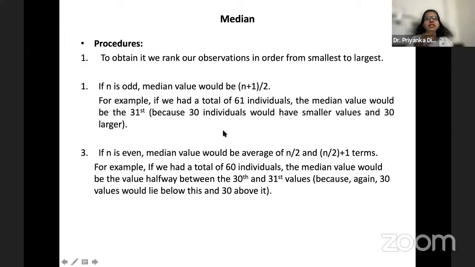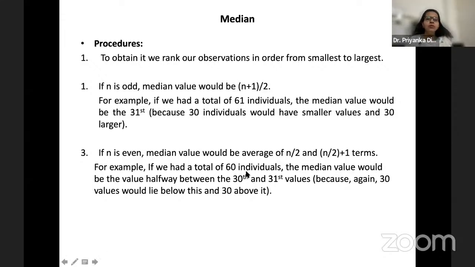If the number of observations is odd, then the formula of median is n plus 1 by 2. If you could see in the slide, n plus 1 by 2. And if your observations are even, then we are going to calculate two terms, n by 2 and n by 2 plus 1, and then we will take an average.